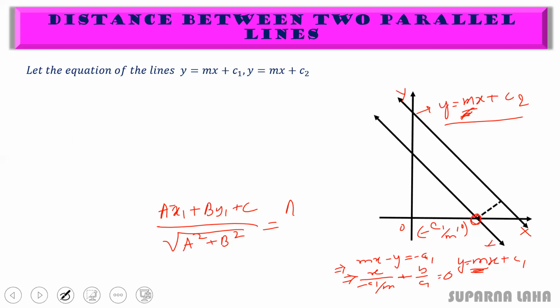And compare the line with mx minus y plus c2 equals 0. So a is here what? m. b is what? Minus 1. And c is c2. Right? So apply it.